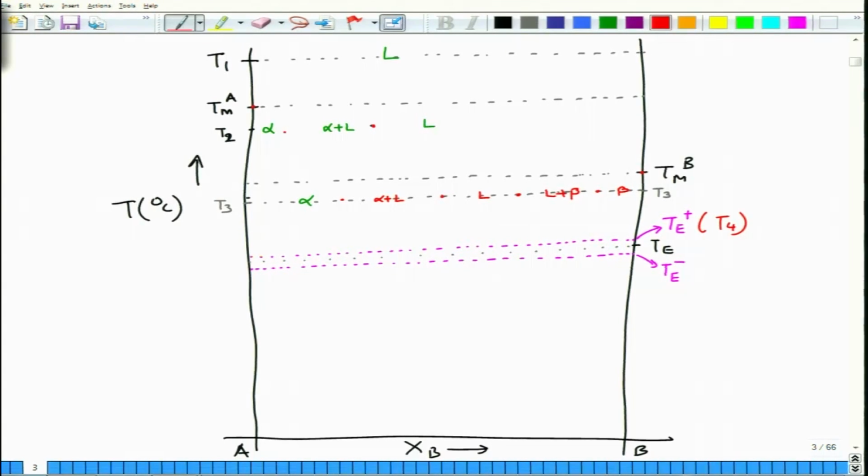Okay. So it would be somewhere here. So if I now make the other points, it will be somewhere here, this would be somewhere here, this would be somewhere here, and this would be somewhere here.